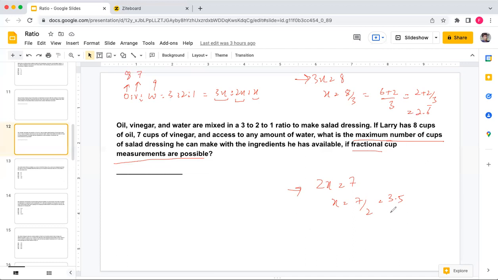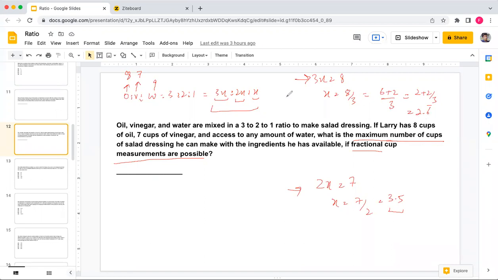Now anyone of you could ask why I haven't taken 3.5. Because if I take 3.5, I don't have that much oil. I will take the least value so that I can have the maximum of all of these. Are you getting my point, what I'm trying to say? You have to maintain this ratio 3:2:1, and you have to have a representative X in these, the same X, right?